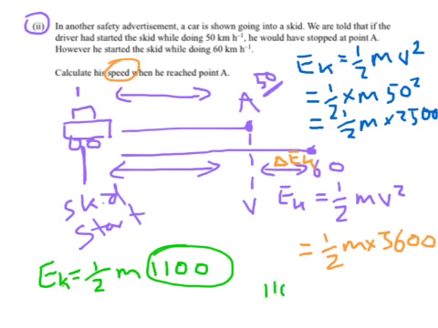So the square root of 1,100 is about 30. 30 squared is 900, 40 squared would be 1,600, so let's calculate it. Yep, 33 kilometers per hour.